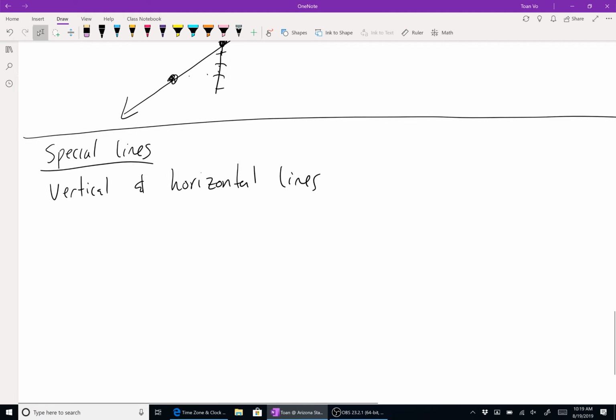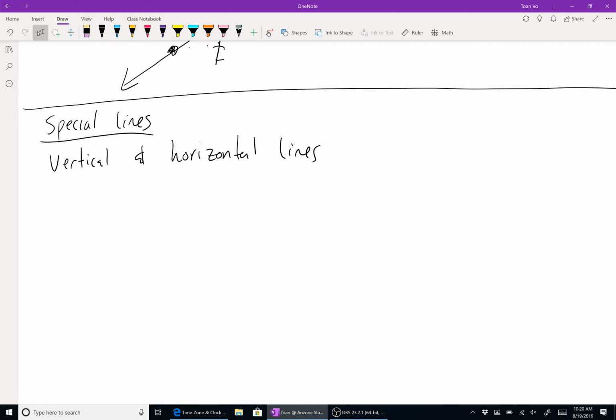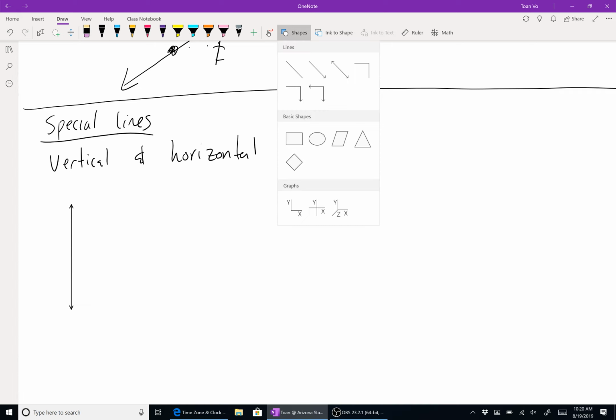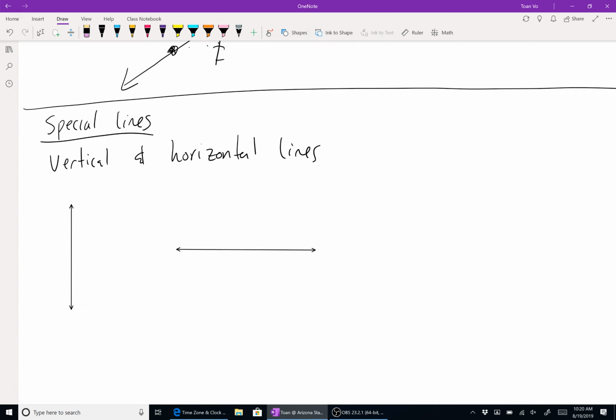In case you forgot what they meant, vertical lines are lines that go up and down, and horizontal lines are lines that go left to right. So these are vertical, these are horizontal.